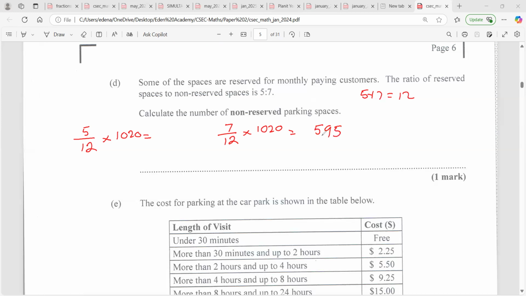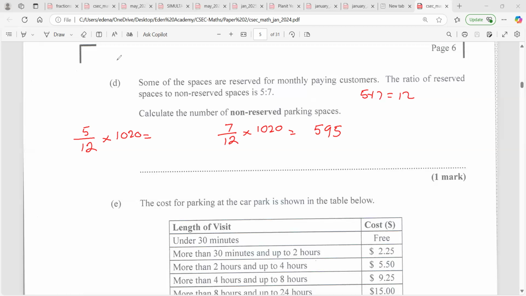I was stuck for a minute. I was getting such a weird answer. And if you're having a weird answer, sometimes you could double check. Because when I did it just now, I was getting 594.66 something or the other. So I did it again and I got the same wrong answer. I did it a different way. I divided 1,020 by 12, and then multiplied it by 7 afterwards, and it gave me 595. So the number of non-reserved parking spaces is 595.